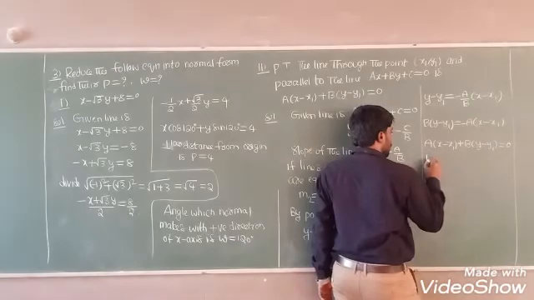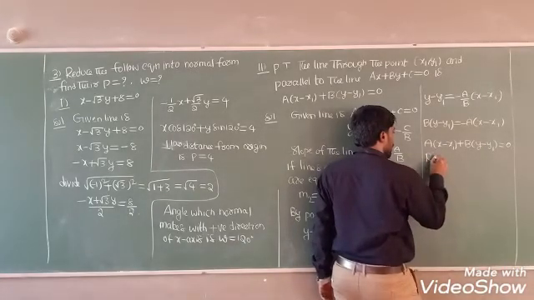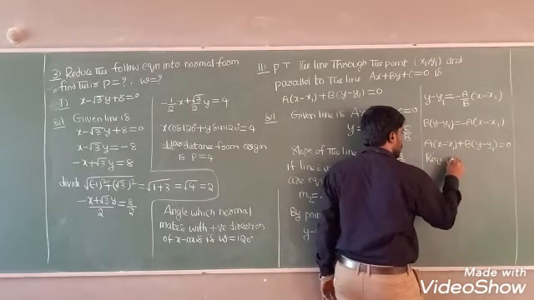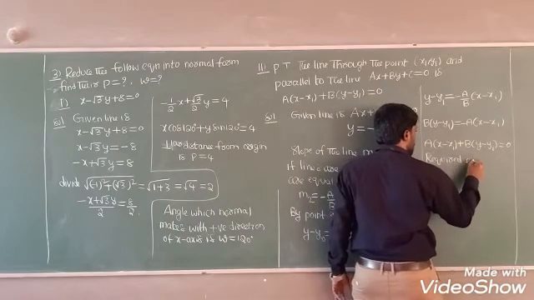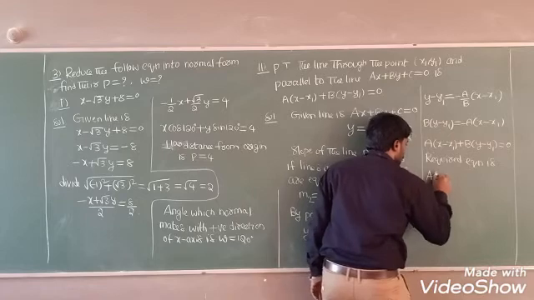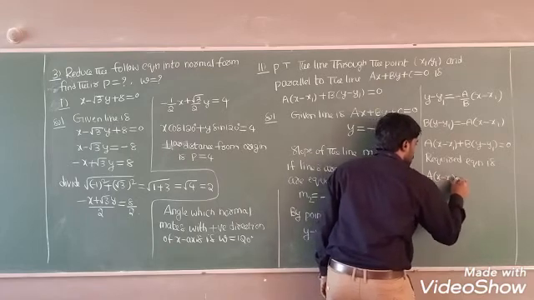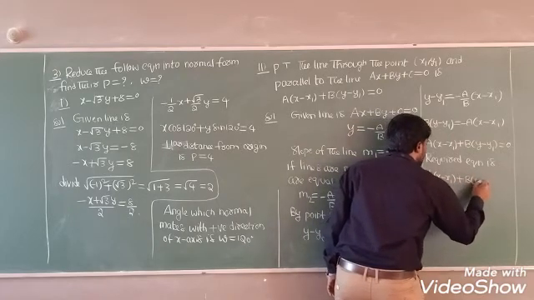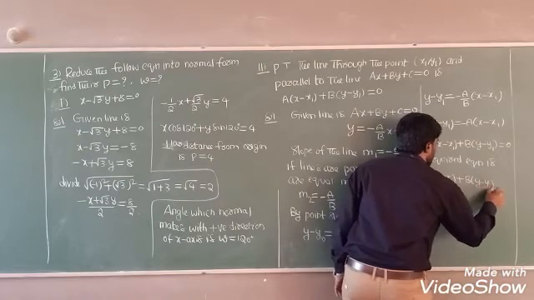Hence, the required equation of a line is a into x minus x1 plus b into y minus y1 equal to 0.